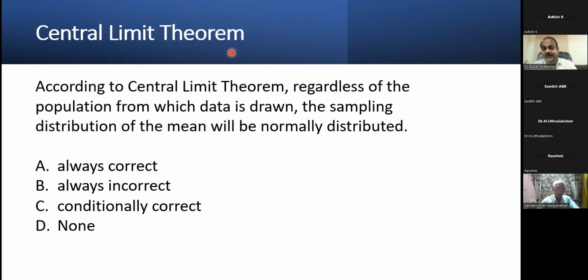But to calculate standard error of mean, you have to have subgroups from several batches, isn't it? But sometimes the situation may not allow you to take 25 subgroups. Then also you can have a method.